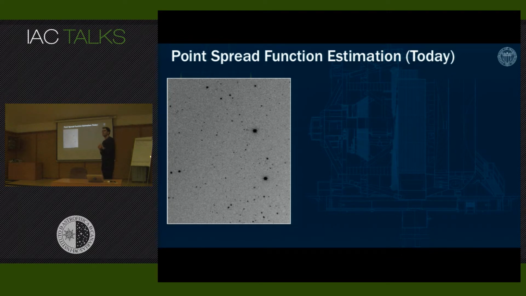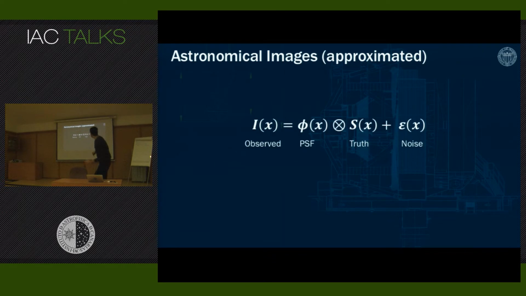Yes? How about extended objects? The same thing works for extended objects, because this truth image, you can think of that as a scene on the sky that's infinitely well pixelized, right? So your extended object would be extended, but still convolved with the point spread function. My point is that you know what a point looks like. Mm-hmm. So you know the truth value of a point spread function.